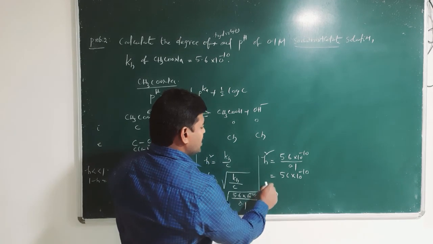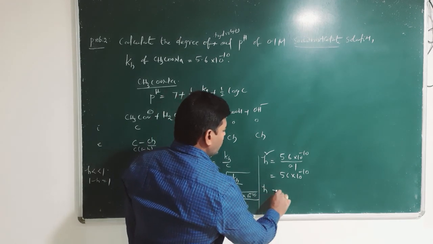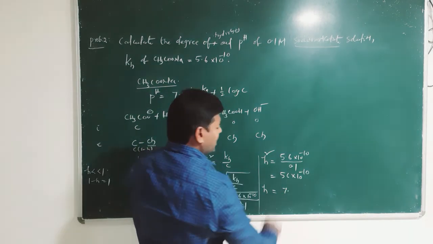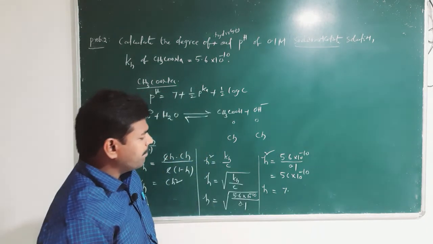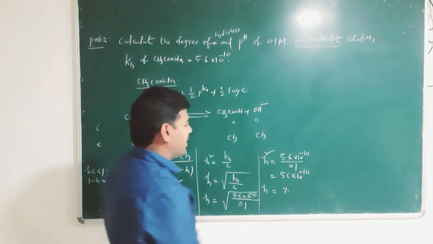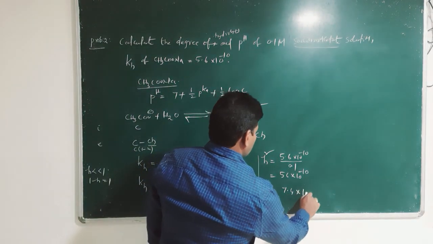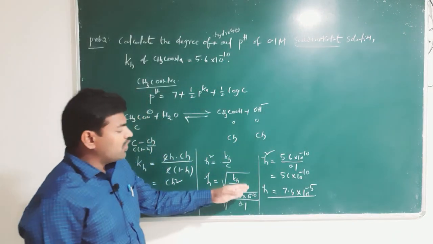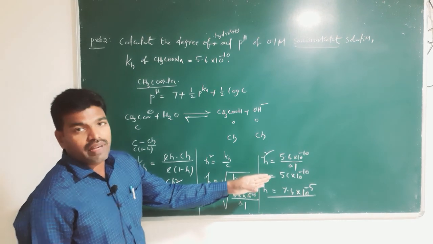So h is equal to root of 56 into 10 power minus 10, that is 7.49, about 7.4 into 10 power minus 5. So the degree of hydrolysis is 7.4 into 10 power minus 5.